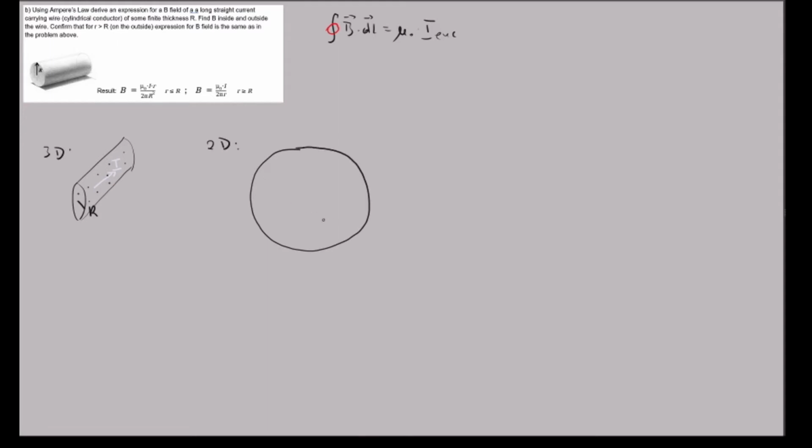And we have all of these little charges that flow into the page. So I'm going to put little x's here and here and here, and all of these little x's will indicate a current that flows into the page within the wire. I'm just putting some x's, but there's a current that flows everywhere here into the page. So this is all of these little currents here. And here's the center. This thing has a radius r, so let's put this in the picture. This r.